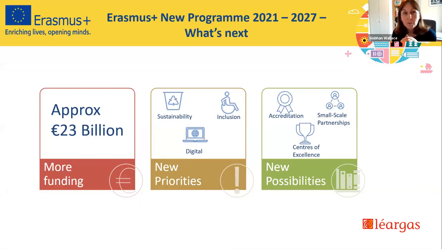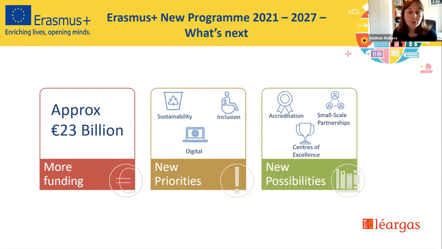So no matter what project you would be looking at participating in, it will need to include aspects of those 3 priorities, and they are releasing additional funding within a project as well. You can apply for additional funding, for example, for inclusion or sustainability to promote those priorities. So that's a key new aspect of this multi-annual financial framework for the Erasmus Plus programme.